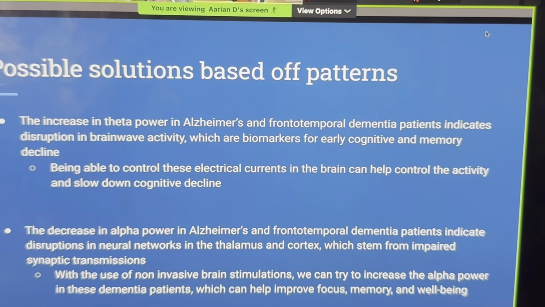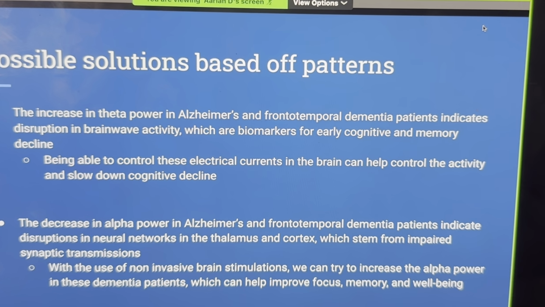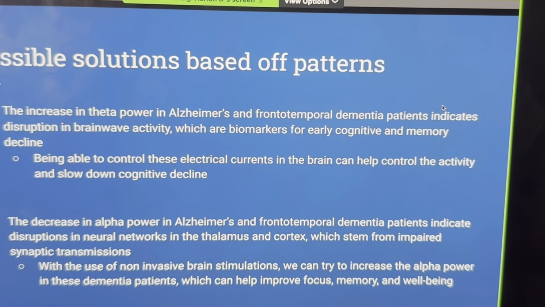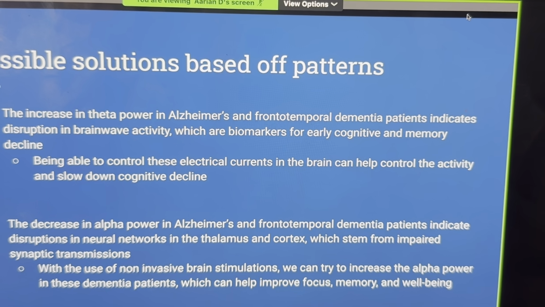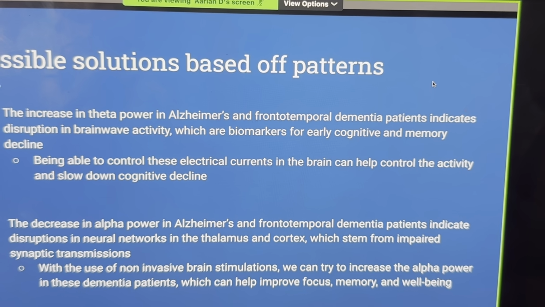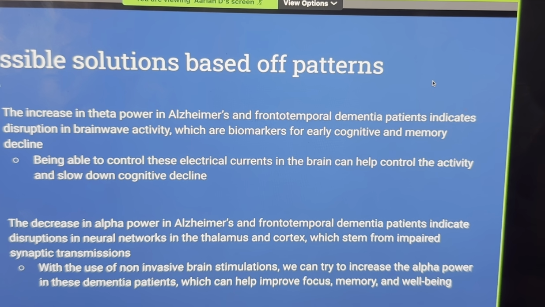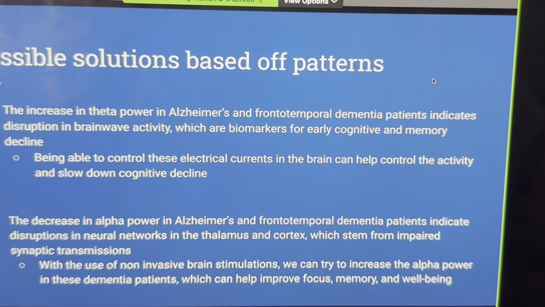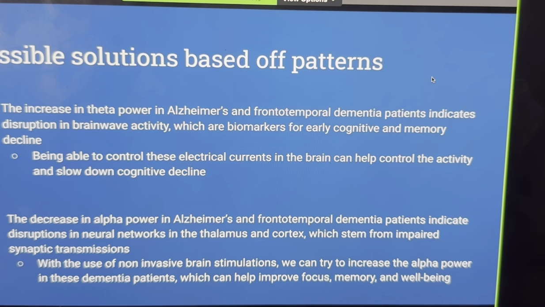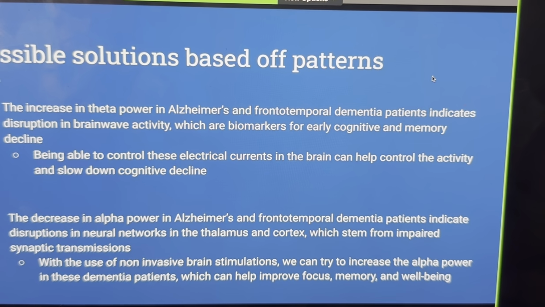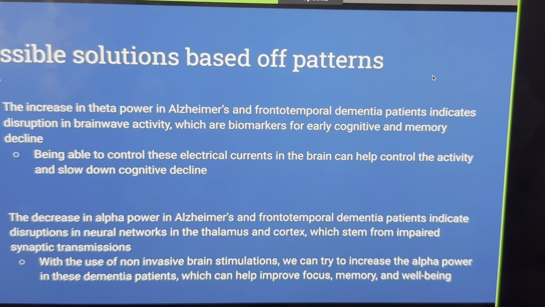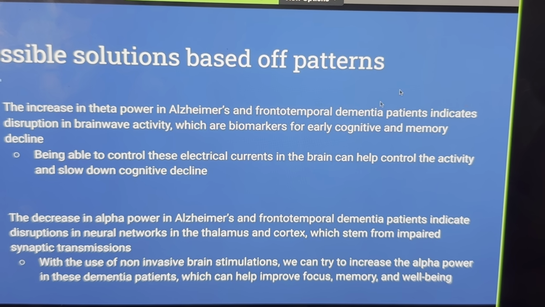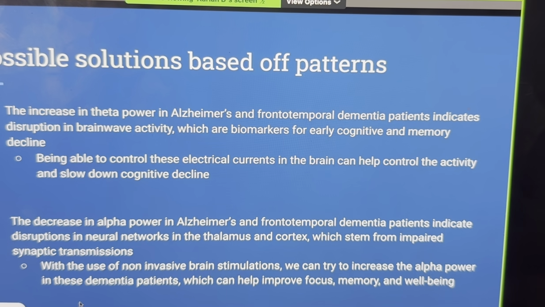And then based on the four power waves we also tested, the main difference we found was in alpha power, and the decrease in the alpha power in the Alzheimer's and frontotemporal dementia patients indicates disruption in the neural network in regions in the brain, specifically the thalamus and the cortex, which can stem from impaired synaptic transmissions, which are basically neurotransmissions.